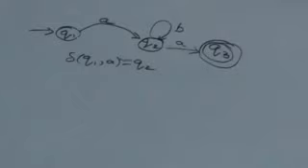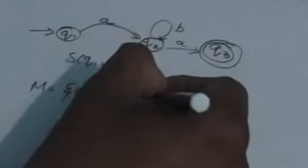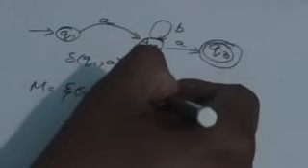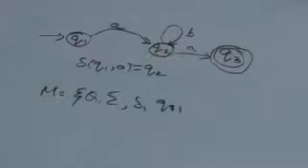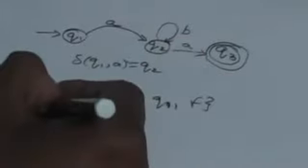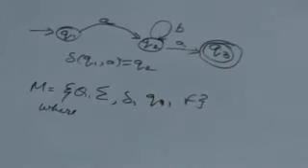Now, this graph can be represented mathematically, as I have told in a previous video. Let this automata be M. M = (Q, Sigma, delta, Q0, F), where Q is the set of all states.